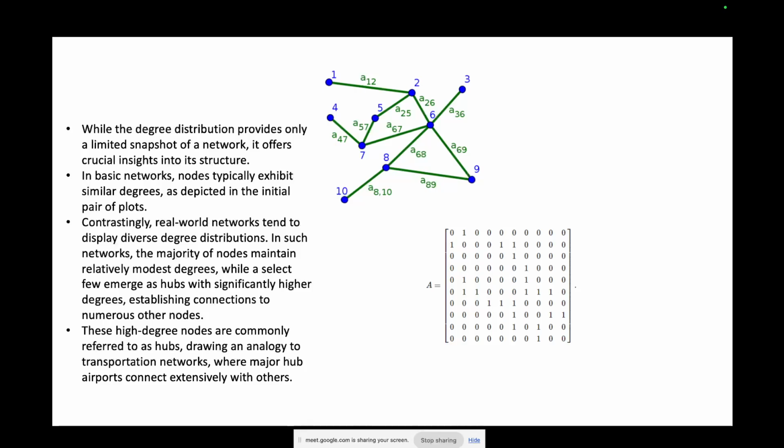So from a drug development point of view, or from a targeted approach point of view, you would want to target that particular node because it has a lot of connections, and if you can manipulate that node, you can manipulate the whole network quite easily.